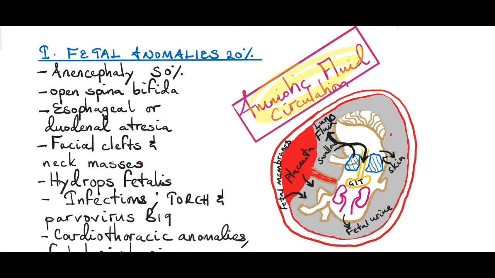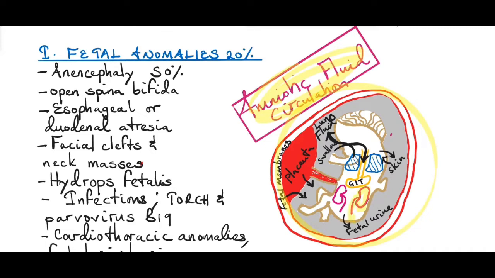So where does the amniotic fluid come from and how is it eliminated? So this is the amniotic sac, and the amniotic fluid circulates within the amniotic sac. Remember that by the second trimester, the fetus has started producing urine through the kidneys.